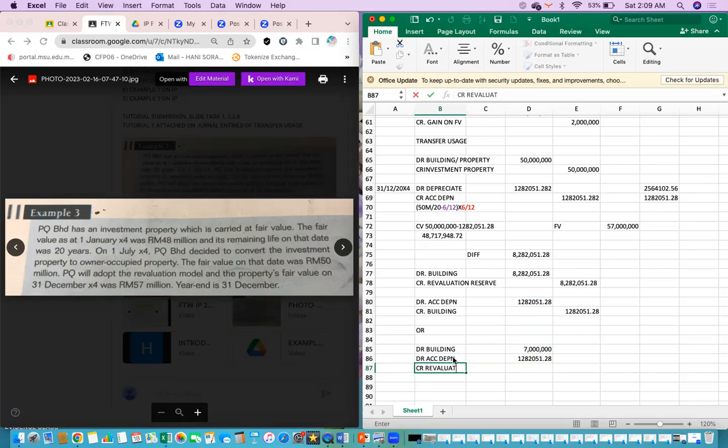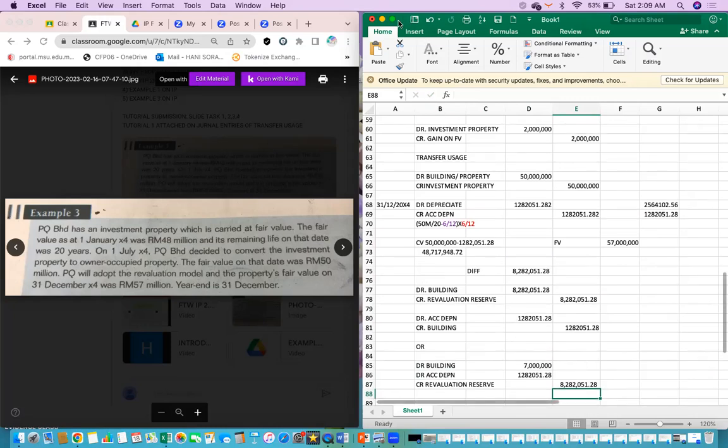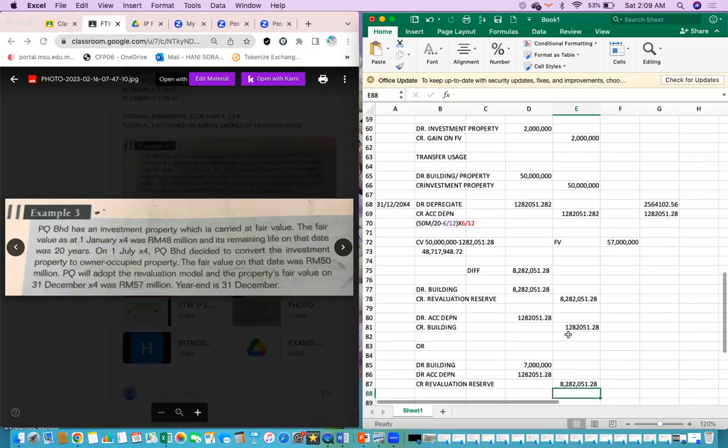Revaluation reserve is the difference between carrying value and the fair value that we have calculated earlier, which is based on the differences here. And then, done. We have actually converted the investment property to become the owner-occupied property under PPE, MFRS 116, where they use the revaluation model. So I'm done with the explanation for example number 3.